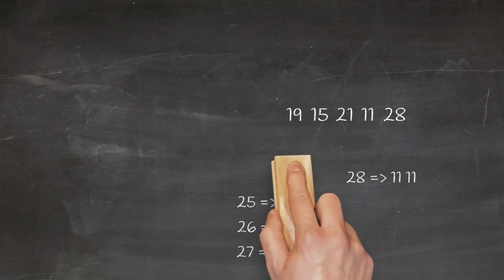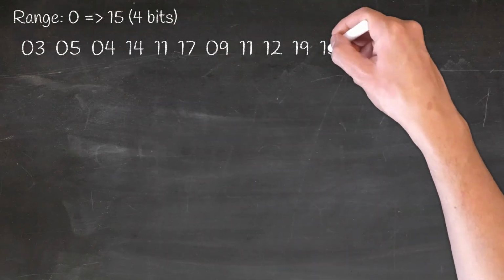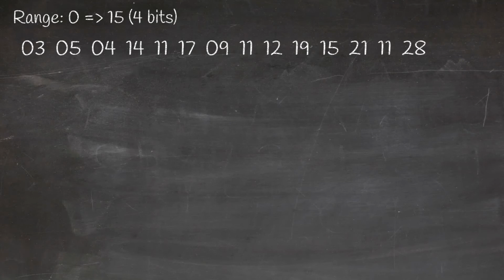Now, can we decompress this output and see if we can get the original again? Let's do it. Okay, so of course, we don't start with just no information at all. The only information we have is that we have a range from 0 to 15. So anything from 0 to 15 is data that is uncompressed, and anything higher than 15, it's a pattern.